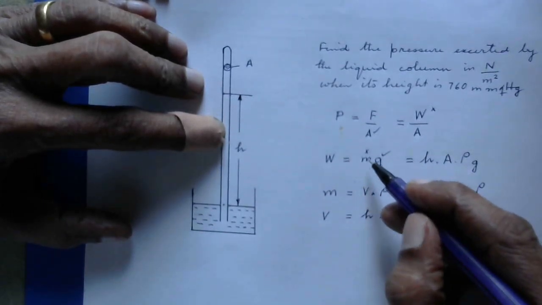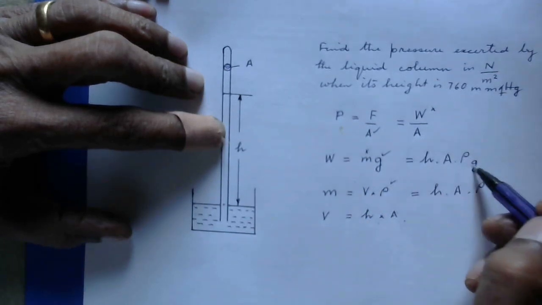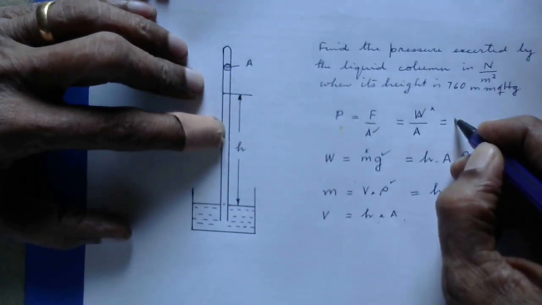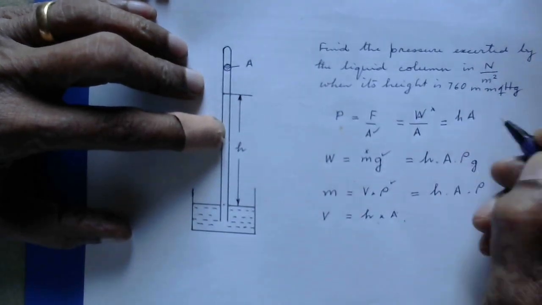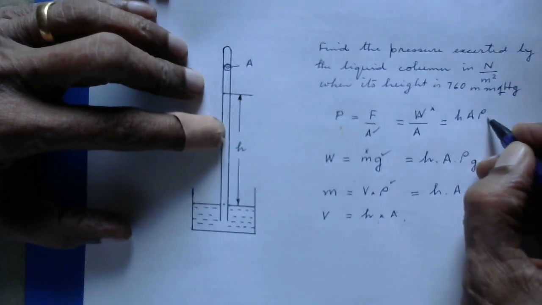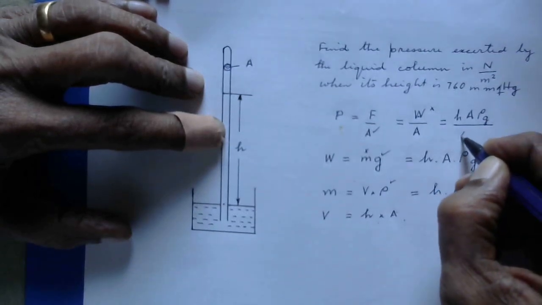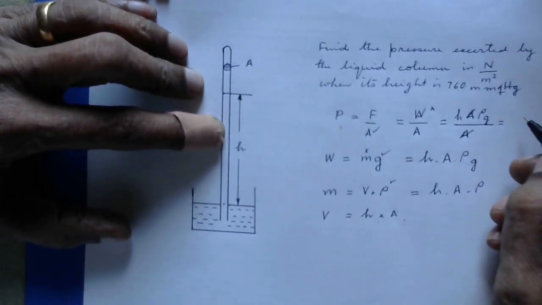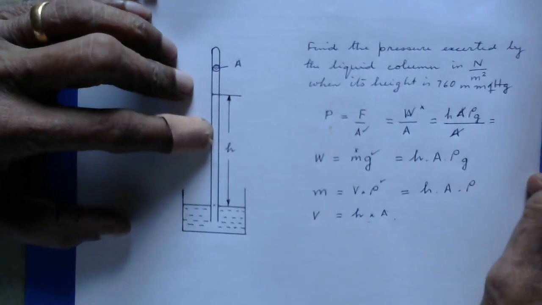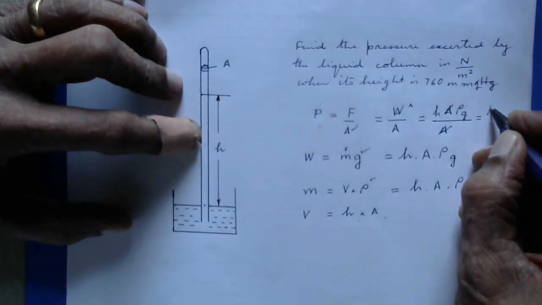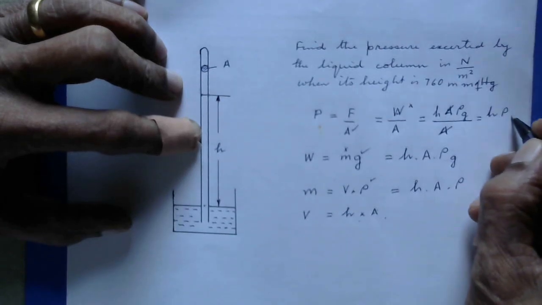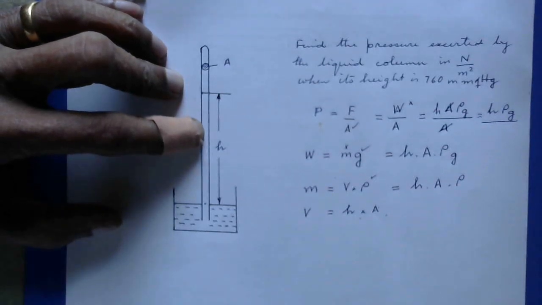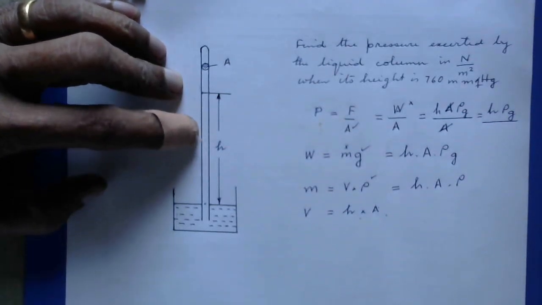Now this W we have substituted here, so P would be equal to h A rho g divided by A. So obviously A and A will cancel out and we will get the final equation as P equals h rho g. So we have already got the equation which is required to solve this problem.